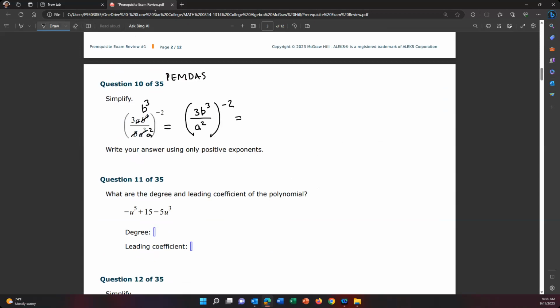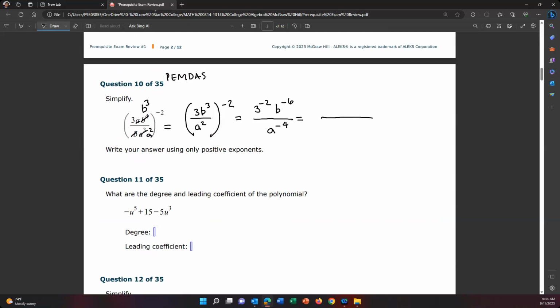And now we can go ahead and apply our negative exponent. So we apply the power to power rule, 3 to the negative 2, b to the negative 6. Remember that power rule. We multiply the exponents. A to the negative 4. Oh, I see some negative exponents. That means that these people are not where they're supposed to be. They're not in the right floor.